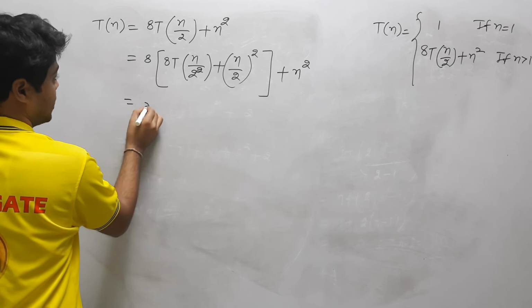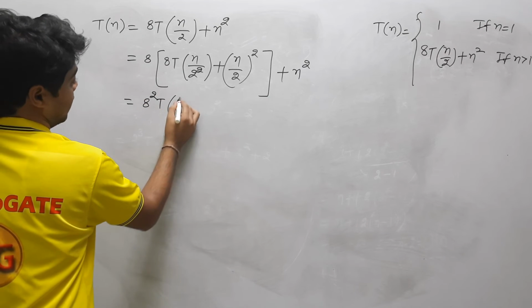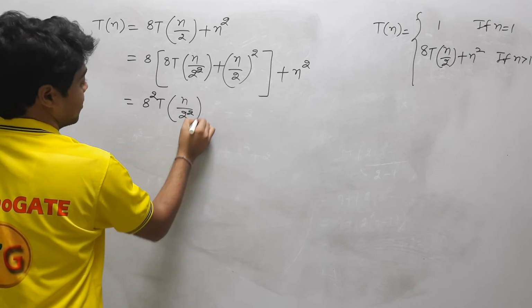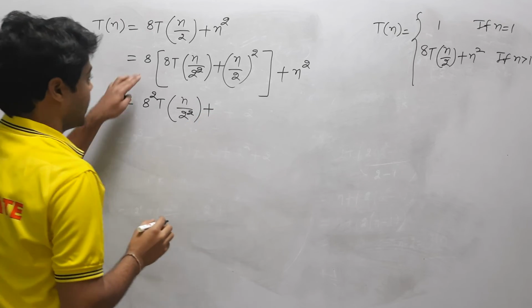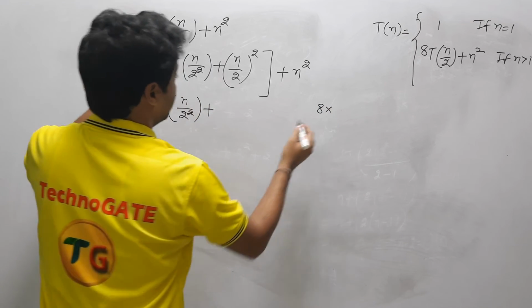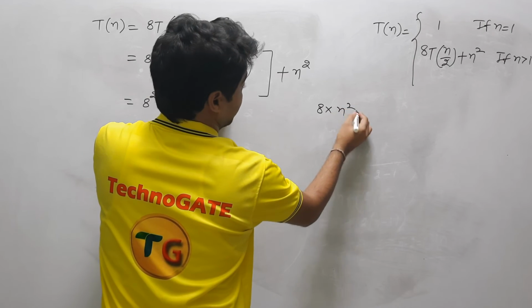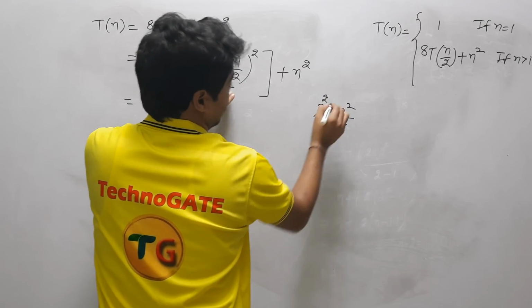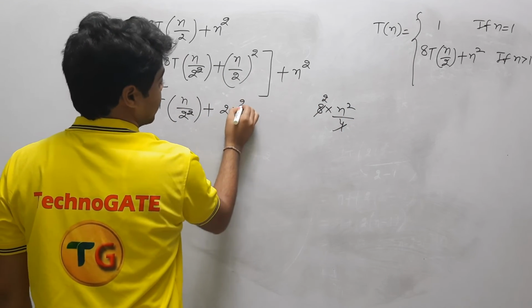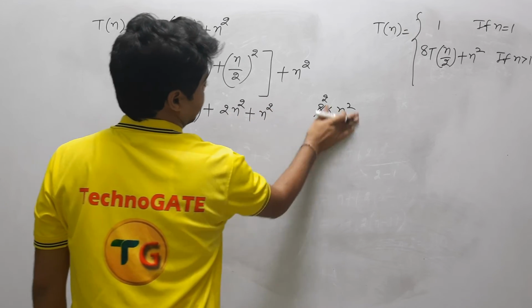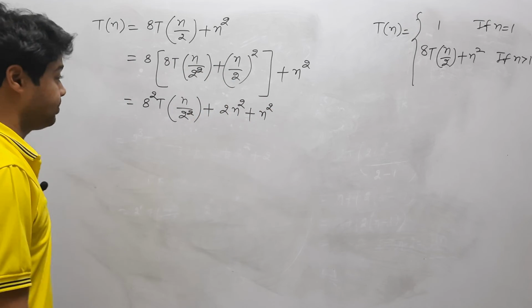So it becomes 8²T(n/2²) plus, here 8 into, okay, multiply n² by 1/4. So what is it? 2n² here, plus n² here.